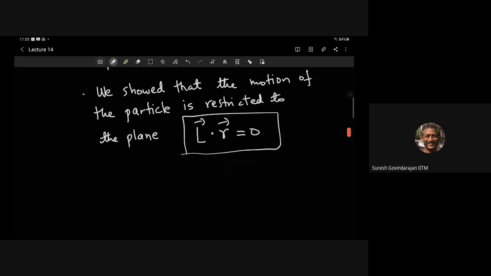And to simplify things, I said that we will choose. So, one important point here is that we need L not equal to 0. So an exercise for you is, what happens when it is zero?